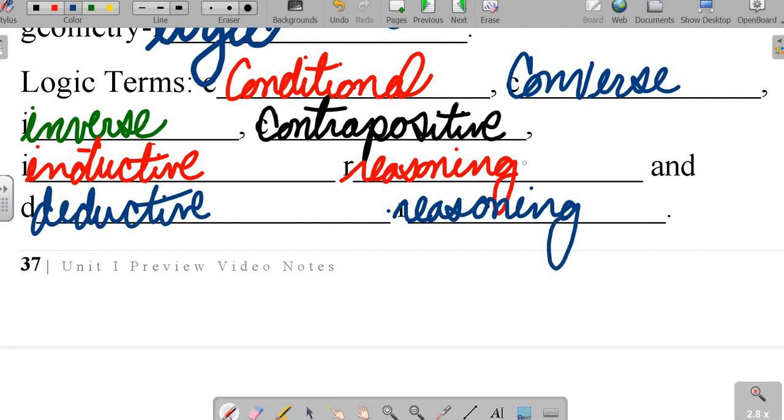Conditionals, converse, inverse, contrapositive, inductive reasoning, deductive reasoning.